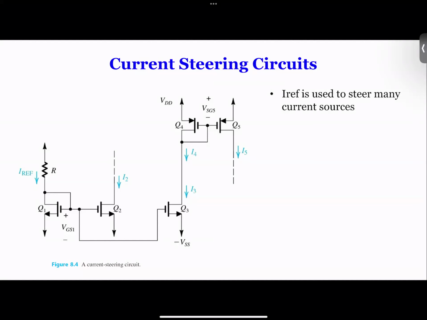Is this a PMOS? Okay, now this is PMOS, not NMOS. So I5 is going to be the same as I4, because these two share the same gate to source voltage. I'm sorry, the source is here, the drain's up there. So I5 is going to be the same as I4.